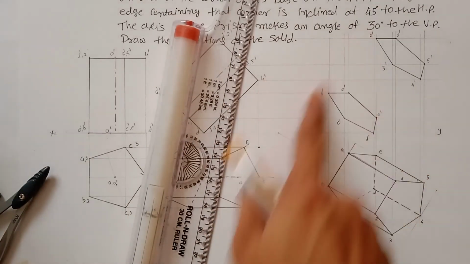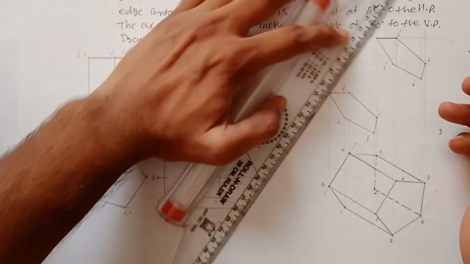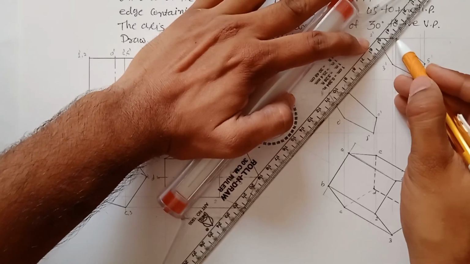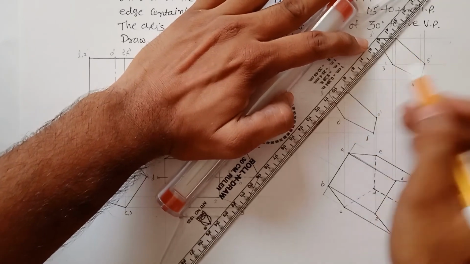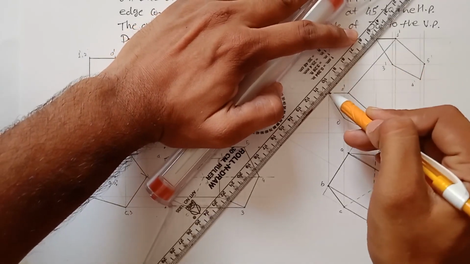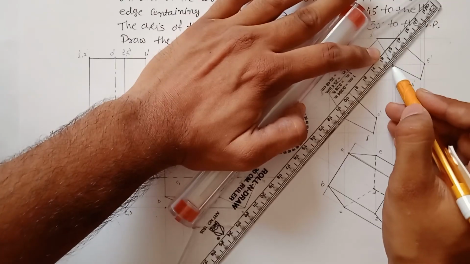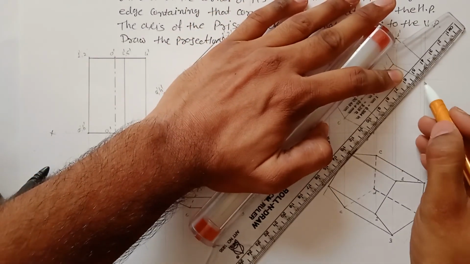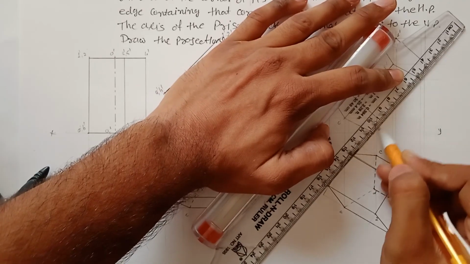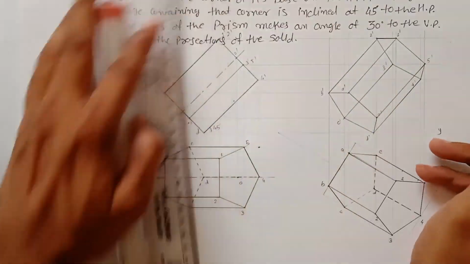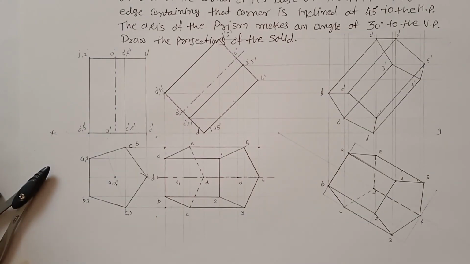Now join the respective corners. So 1 with A, 2 with B, 3 with C, 4 with D, and 5 with E. So this is your final position.